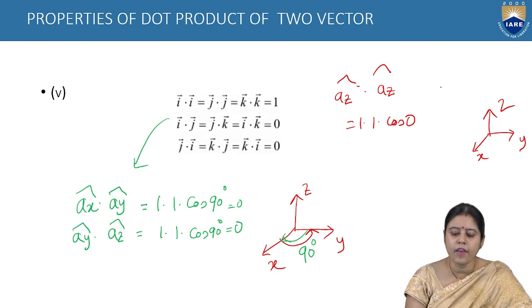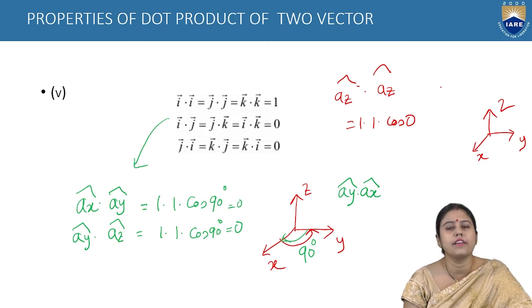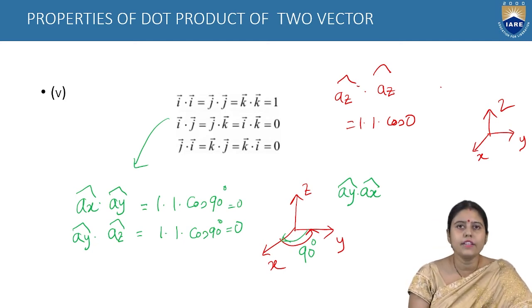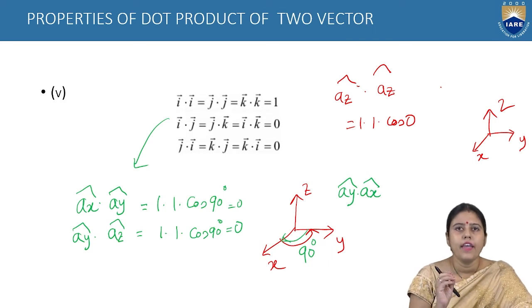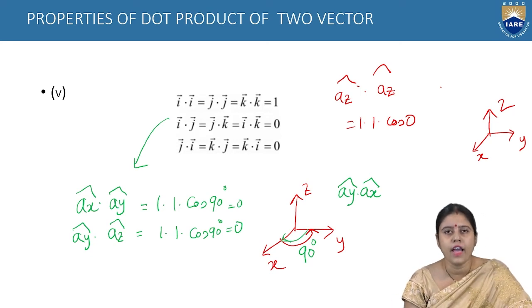We are going from Ay to Ax. So, what is the angle? Angle is minus 90. Again, cos minus 90 is equal to 0. So, whatever the direction, if two vectors are 90 degrees apart, the dot product is 0.